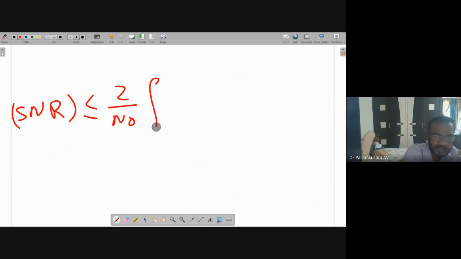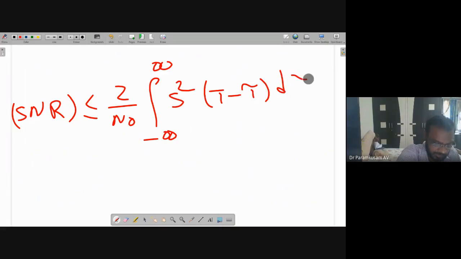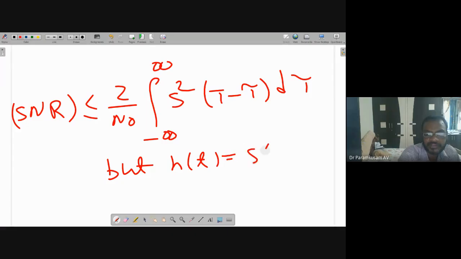SNR is less than or equal to 2 by n naught integral from minus infinity to plus infinity of s square of t minus tau d tau. Okay, but h of t is equal to s of t minus tau.